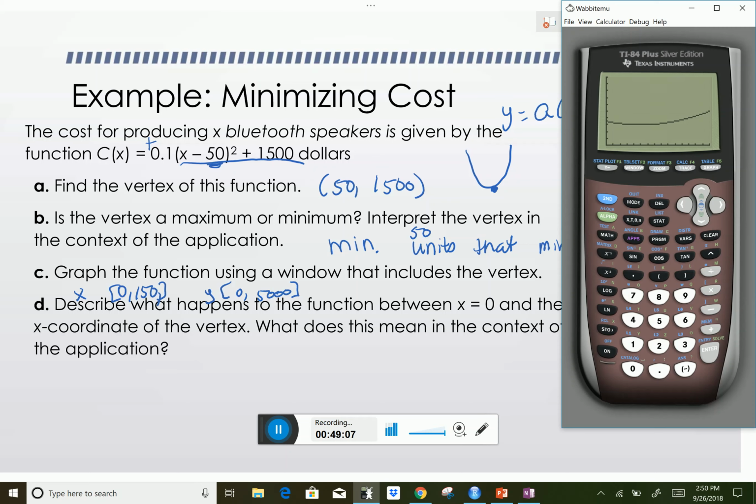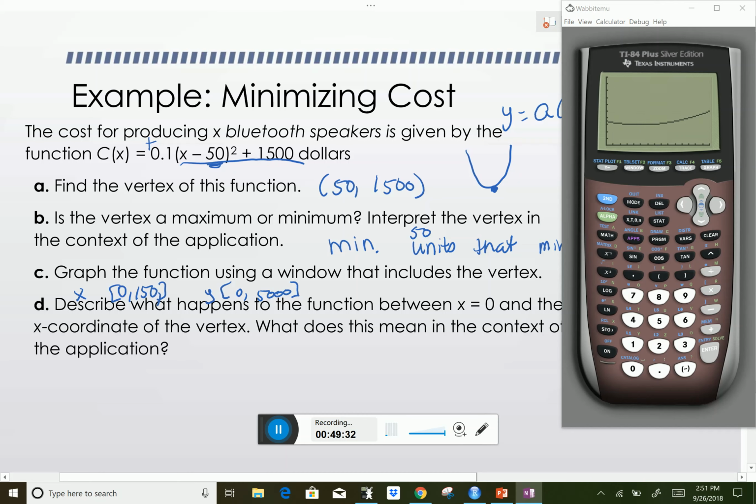I could make it a little bit larger. There's a lot of different things I could do. There's absolutely no reason to go below 0 on either one, because neither cost nor units can go below 0 anyway. So this is the minimum cost that we can have, at 50 units. That lowers our costs the most.